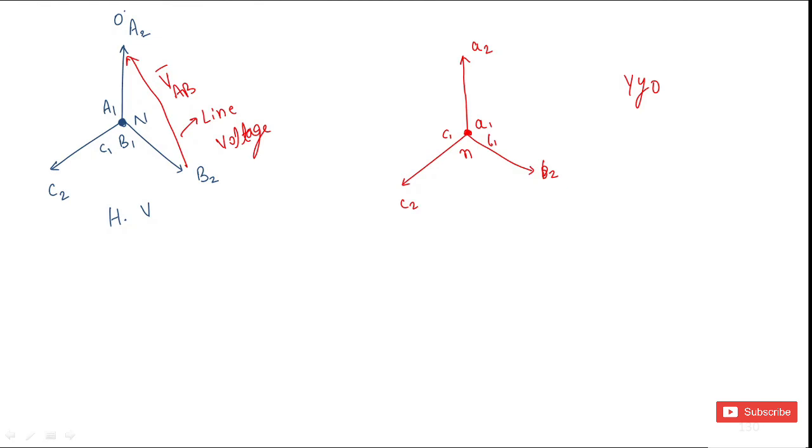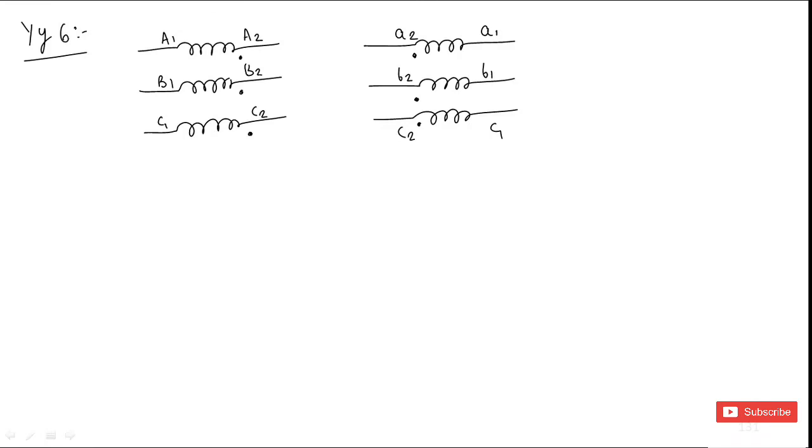Next is number 2. Number 2 is Yy6 connection. The phase difference between primary and secondary is, if your primary HV is here, this is neutral point, so LV will be 180 degree out of phase, okay. Let's see. First, you know how to connect for high voltage side star connection.